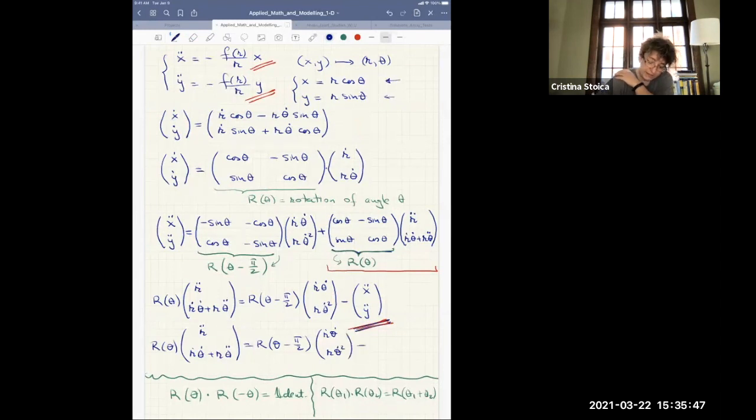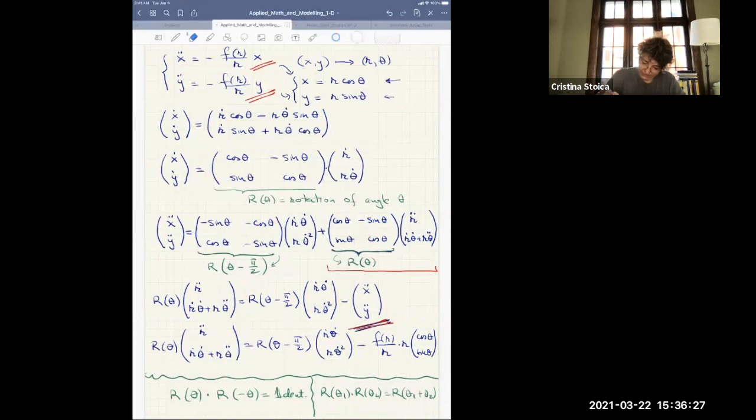And then minus f of r over r, and now x and y, I'm going to take them as what they are, so it's an r as well, and then cos theta and sine theta. Isn't that beautiful? It's just gorgeous, I think. This is my taste, because I'm avoiding long expressions. I'm just using rotations.